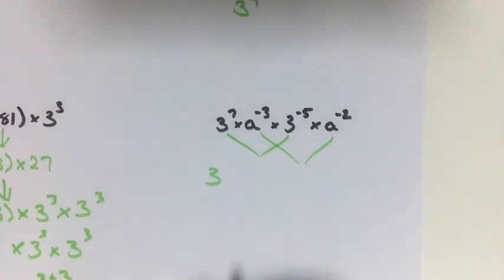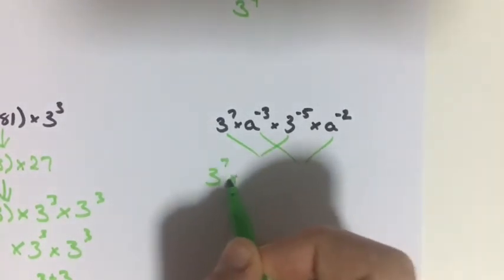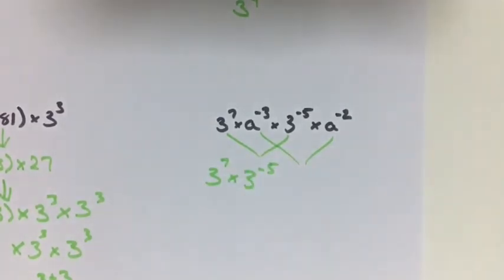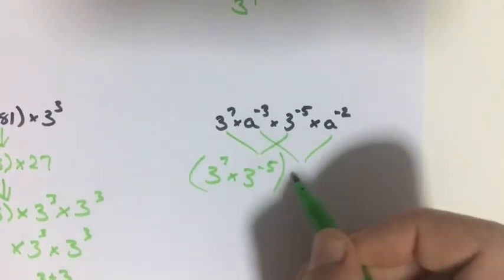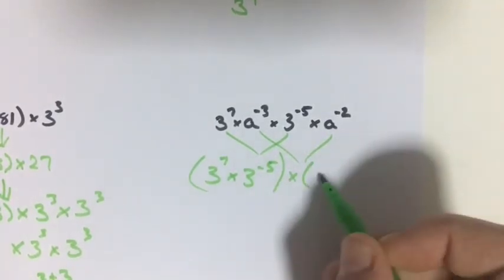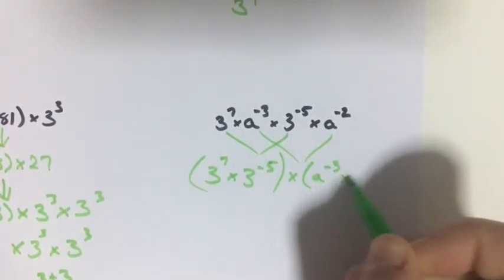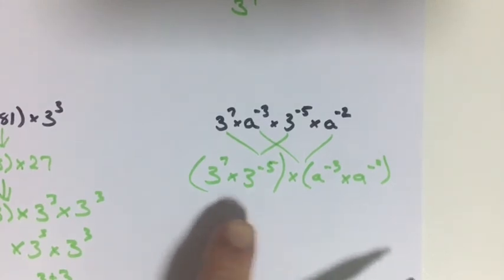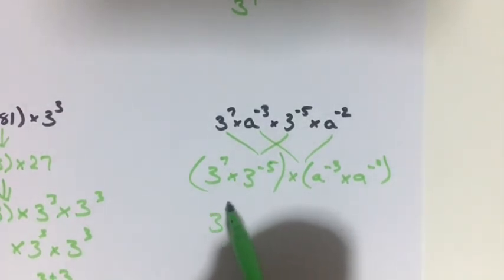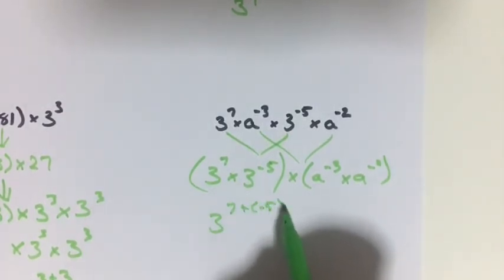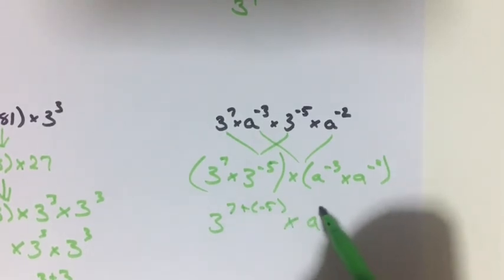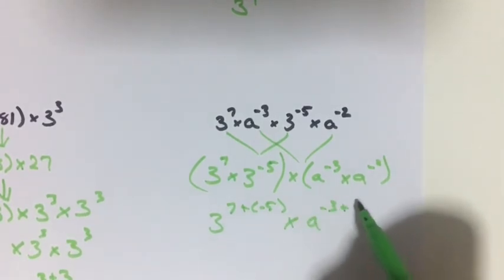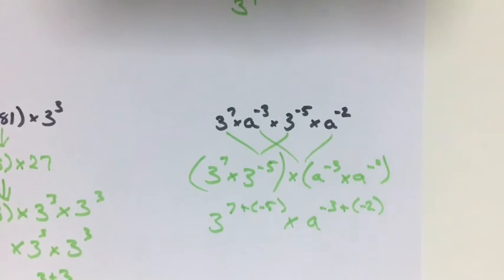So 3 to the power of 7 times 3 to the power of negative 5 times a to the negative 3 times a to the negative 2. We have the same base here, so we're going to have 3 to the 7 plus negative 5 times a to the negative 3 plus negative 2.